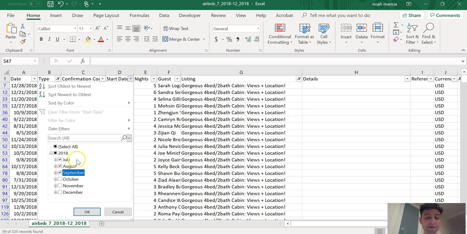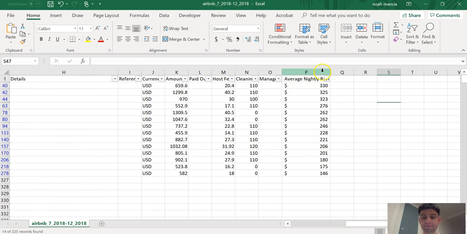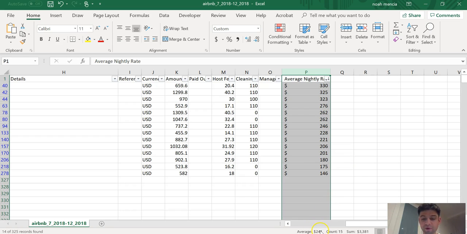July's phenomenal, September's slowing down, and August is pretty good, so it's a good balance. Looking at those three months and my average night, the average is $241, so that's the average price I should be getting.